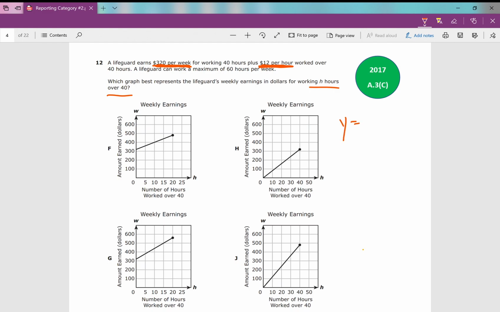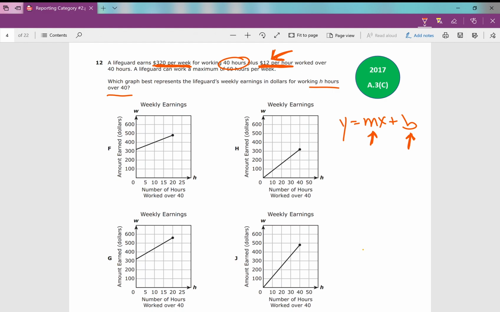In my equation, y equals mx plus b, I'm looking for, right here, my unit rate. What would my b value be? So if this lifeguard earns $320 per week, that's his base amount. So really, that's what he's going to get for working that 40 hours. Every hour worked over 40 hours, that's where he gets $12 per hour.